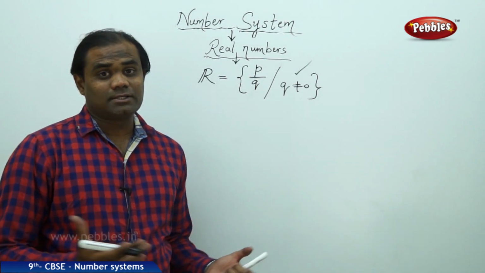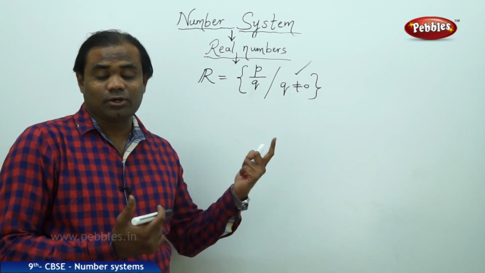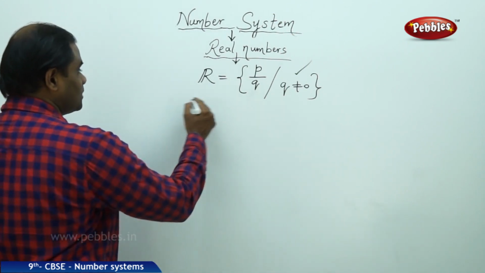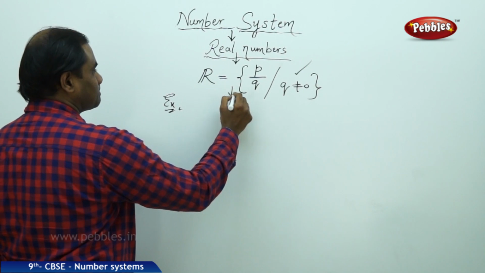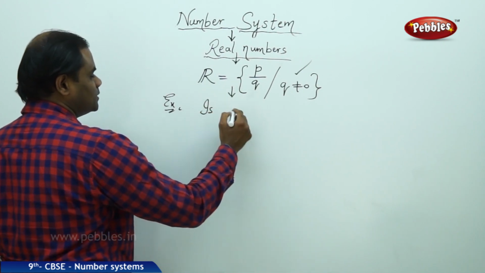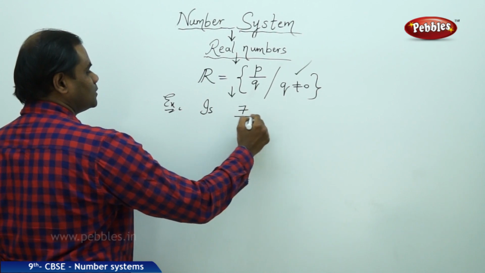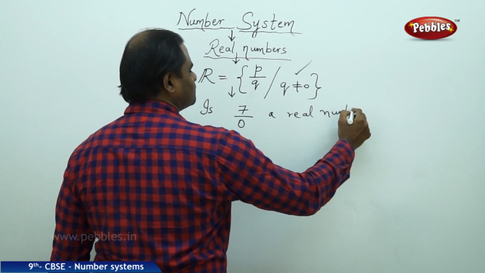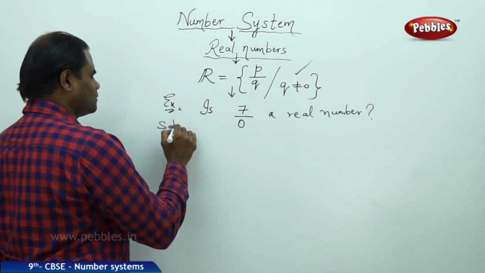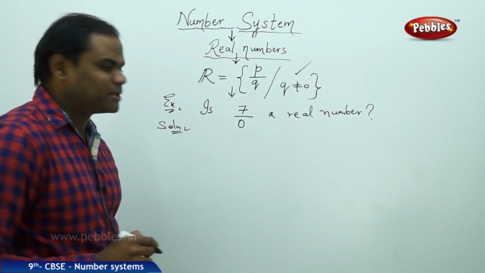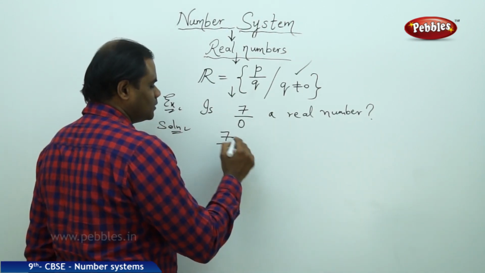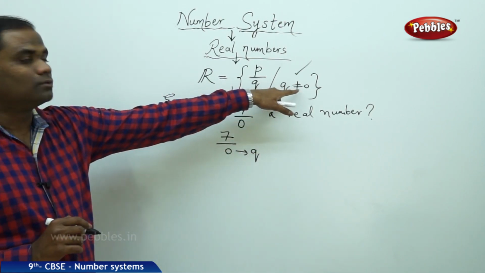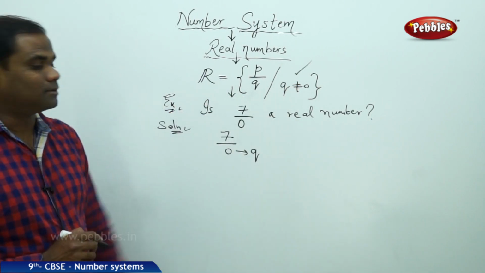Now let's take another example to see if the given number in the question is a real number or not. For example, I have the question: is 7 by 0 a real number? So let's pick the given number 7 over 0, as clearly I see that it is in the form P by Q, with Q being tested for the real number.